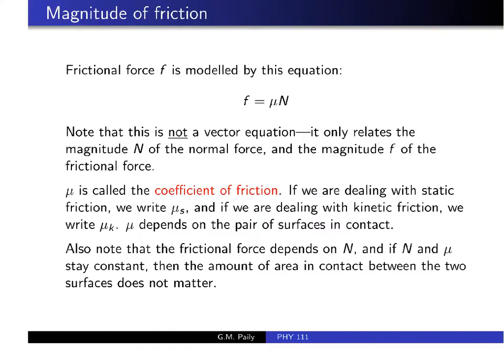And so if the normal force and mu stay constant, then the amount of area in contact between the two surfaces does not matter. So it does not matter if it is a large area in contact or a small area. All that matters is how tightly the two surfaces are pressed together, which is given by the normal force.